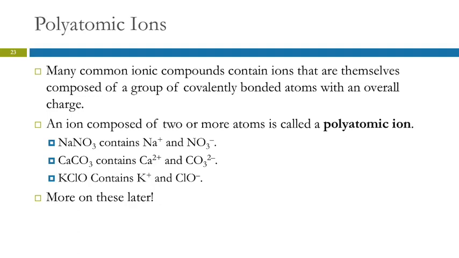But in this class, all ionic compounds will have two kinds of ions, one cation and one anion. There are other ionic compounds, but we're not going to talk about them this semester. So when we look at this compound, NaNO3, what kind of an element is Na?